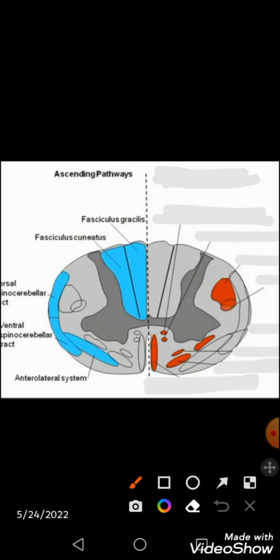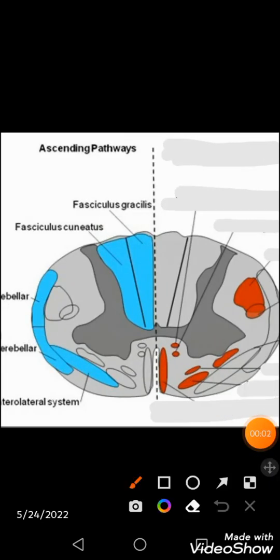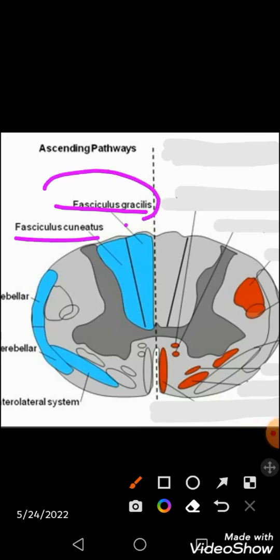The fasciculus gracilis, you find it throughout all the segments of the spinal cord, right? Okay, a few facts about the fasciculus gracilis and cuneatus. First, the fasciculus gracilis is present on both sides of the posterior septum, medially located. It carries information from your lower limb and lower trunk.